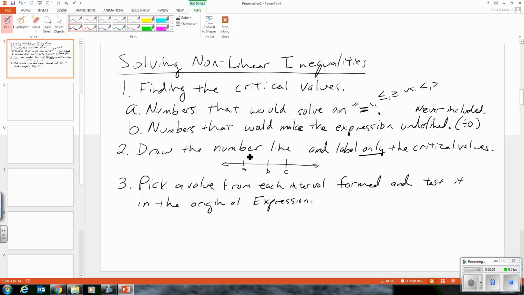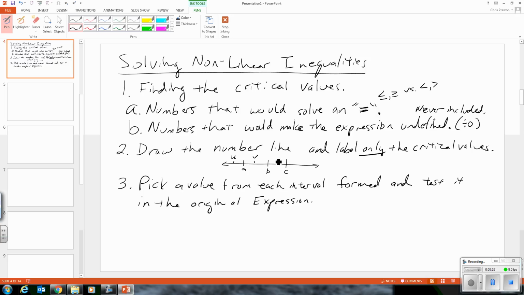So if I pick, let's say, a number u that's in this area, and I plug that into the original expression, and if it works, great, then everybody in that area works, and if it doesn't work, nobody in that area works. I'm going to pick somebody over here, let's say v, and if it works, everybody in this area works, and if it doesn't work, nobody in that area works.